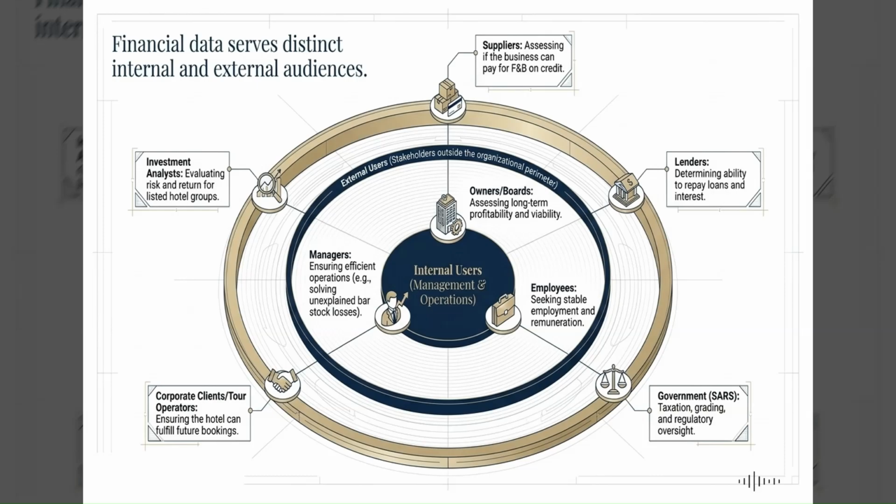Now, step outside the boundary. Customers, including corporate clients and tour operators, want assurance that the business will still be there to supply what they have booked. Nobody blocks 20 rooms for a conference with an establishment that may close before the date.